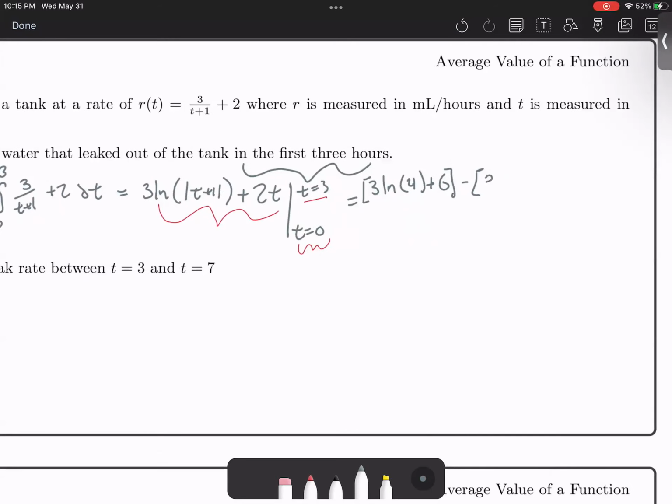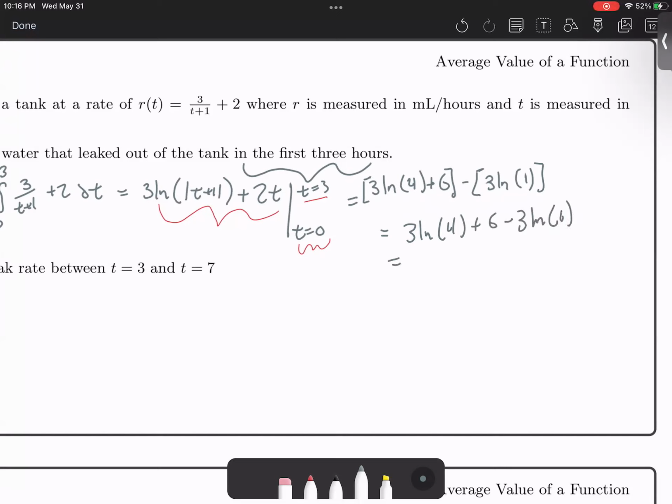So that will be 3 times natural log of 0 plus 1, which is 1, absolute value 1 is 1, plus 2 times 0, that's just 0. All right, so 3 times natural log of 4 plus 6 minus 3 times natural log of 1.